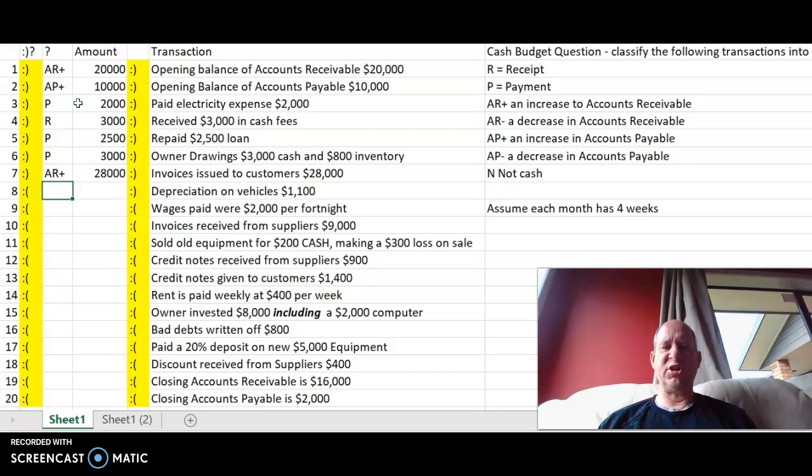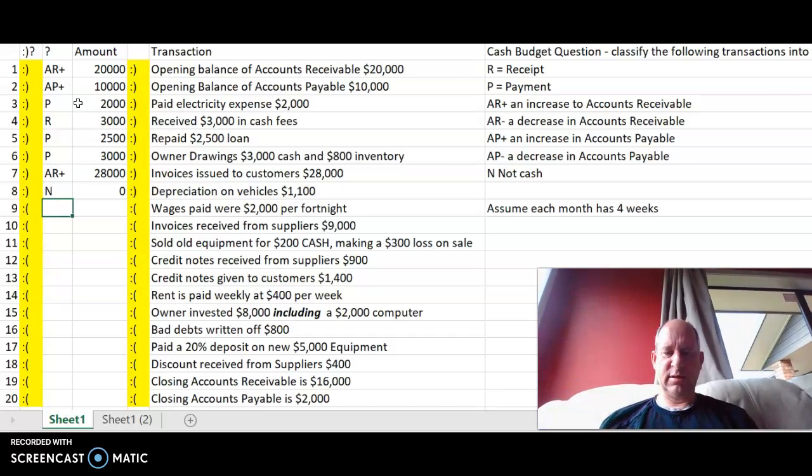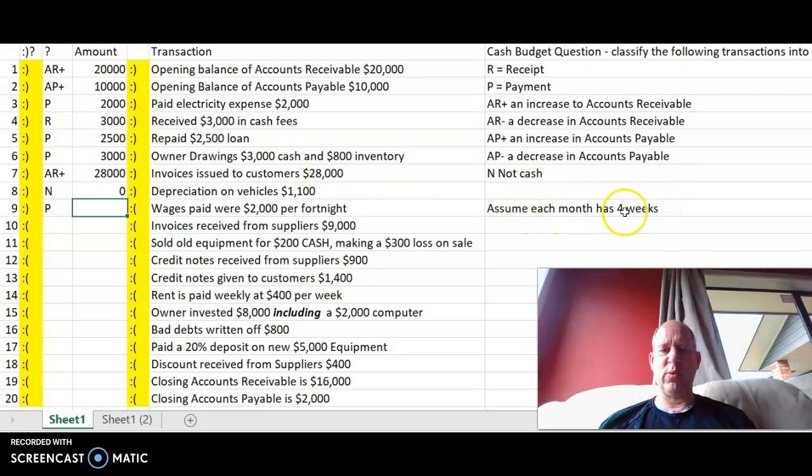The next one, depreciation on vehicles. Is that a receipt or a payment? No, it's got nothing to do with accounts receivable or payable either. So we're going to type in there N and make that 0. Wages were paid per fortnight, so it's a payment. And over here it tells us assume each month is 4 weeks.